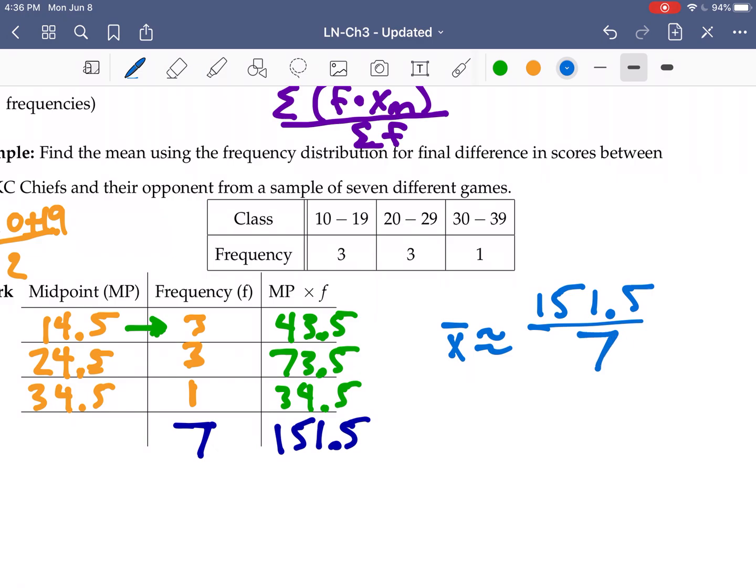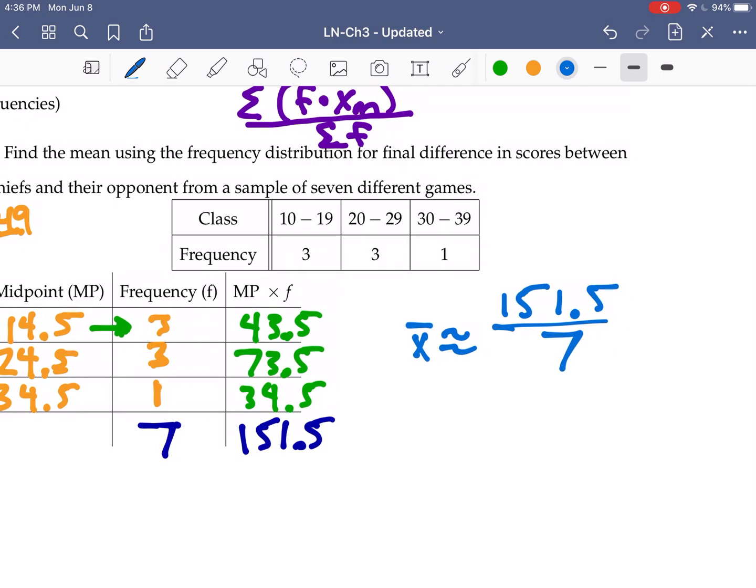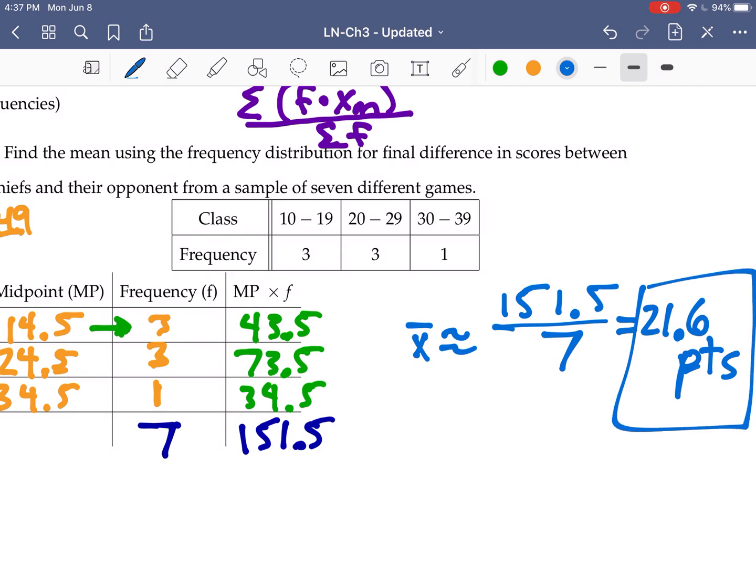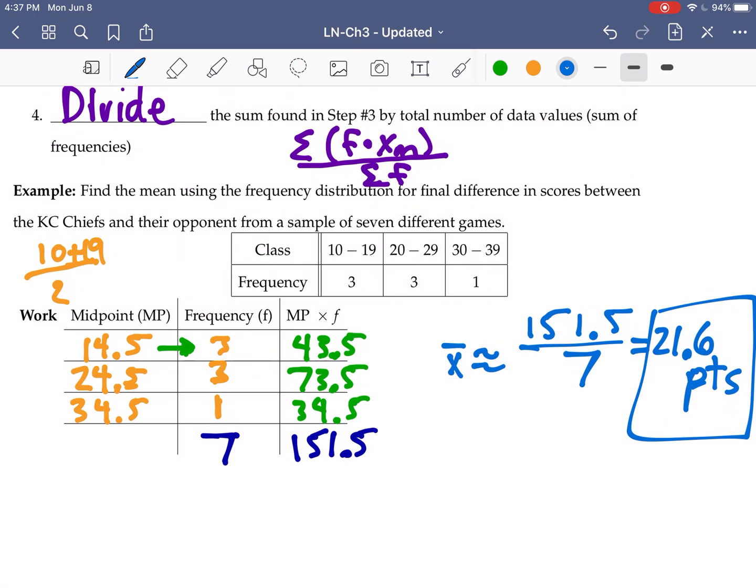So 151.5 divided by 7 gives us something like 21.6 points. So using a frequency distribution, we found our mean to be approximately 21.6 points.